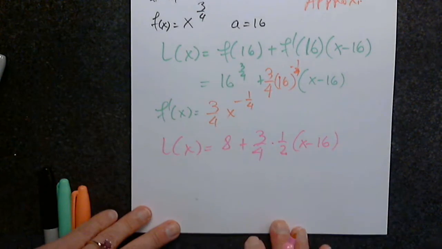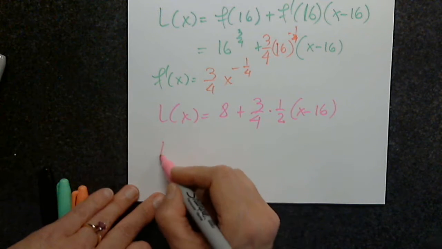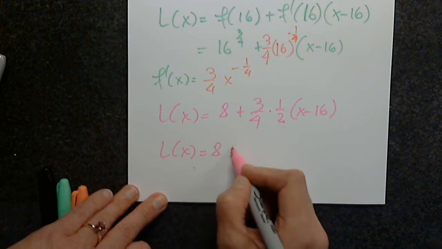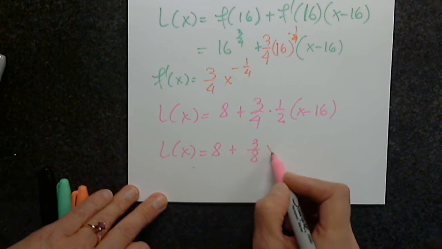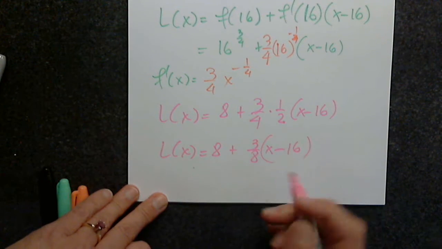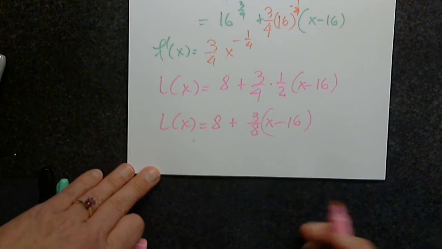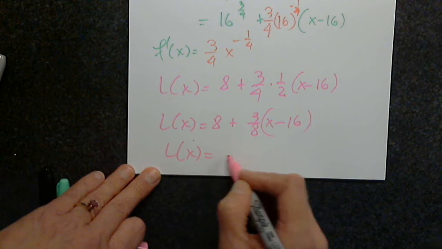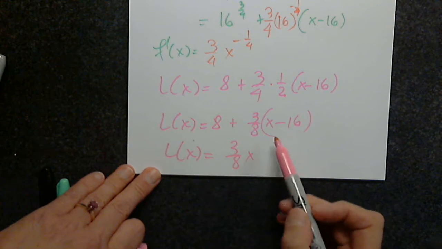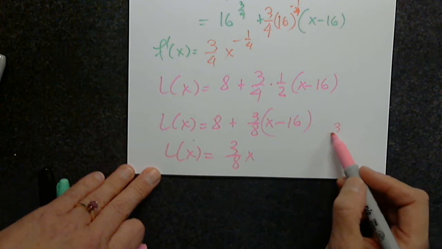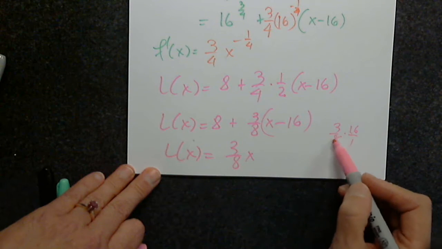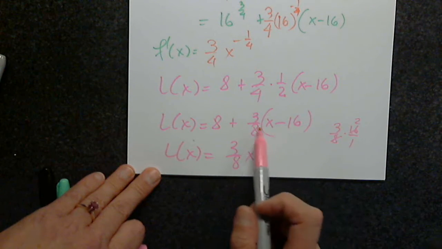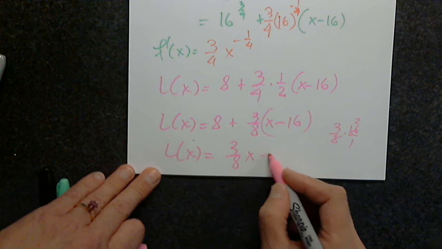Times x minus 16. So then we have 8 plus 3 over 8 times x minus 16. And finally, I distribute. L of x equals 3/8 x. 3 over 8 times 16 over 1 is 6. So minus 6 plus 8 will be positive 2.